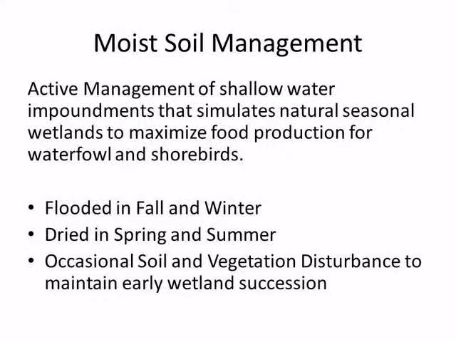And the goal is to maximize food production for waterfowl and shorebirds. They tend to be flooded in the fall and the winter, dried throughout the spring and the summer, and we apply occasional soil and vegetation disturbance to maintain early wetland succession. So there's that term again, wetland succession.